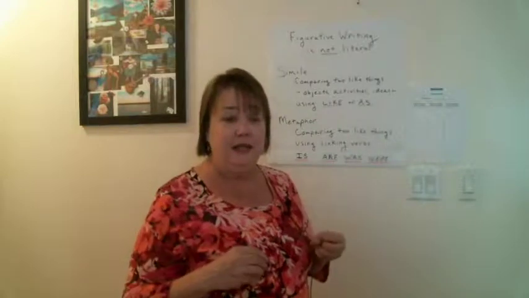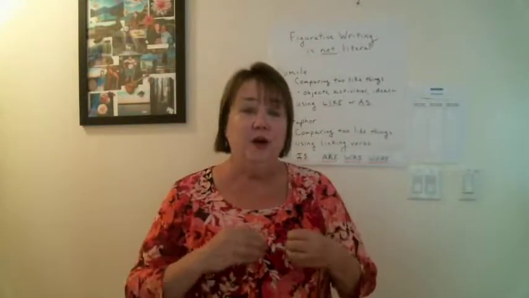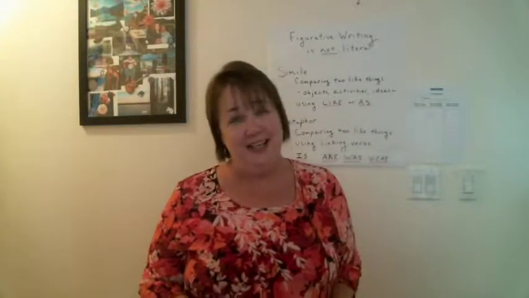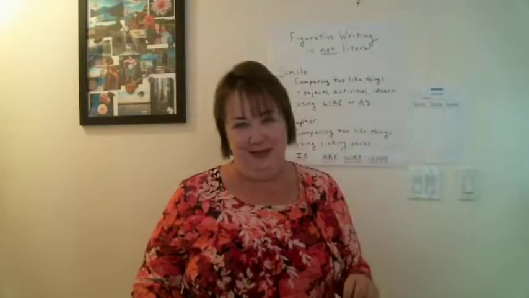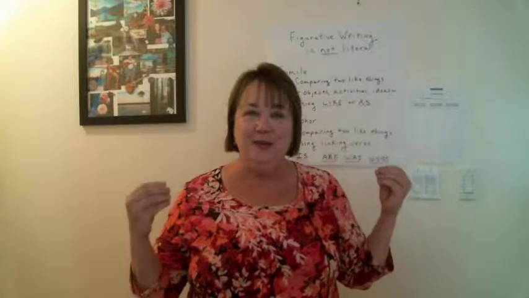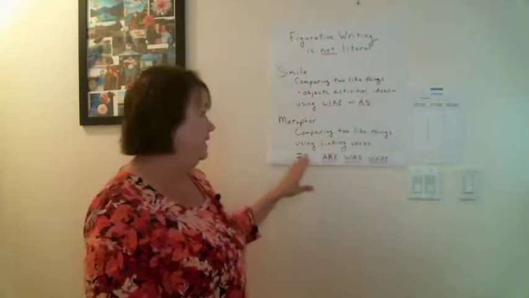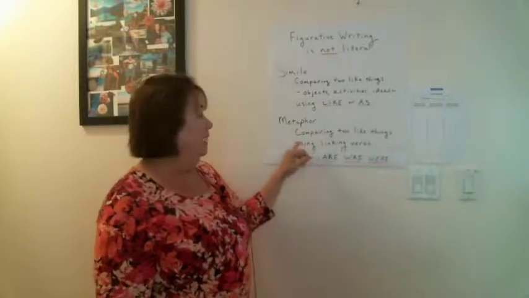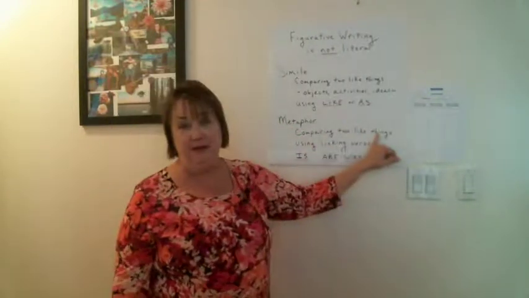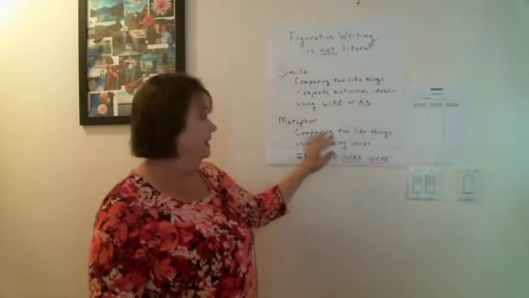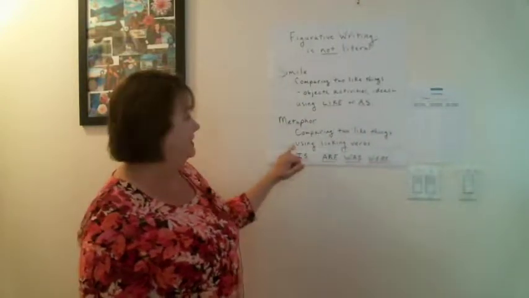If I say that my grandmother was as sweet as honey, I'm not saying that she was honey. I'm comparing her to honey, and you can hear the word as there. A metaphor is also comparing two like things, just like a simile does.